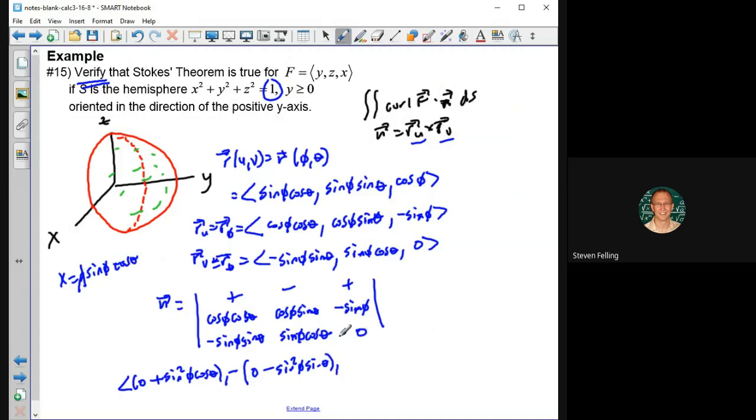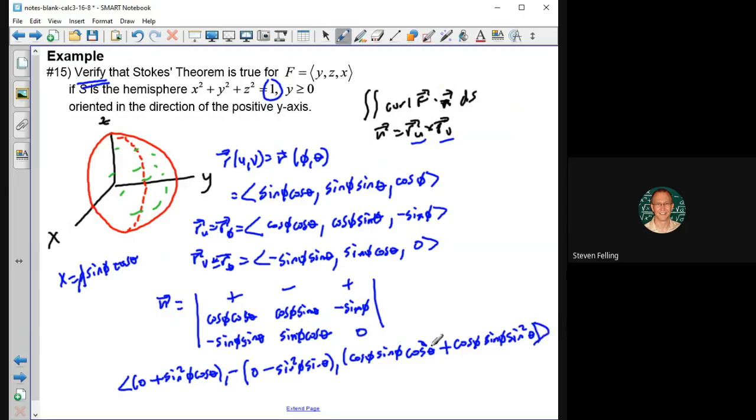Okay, and then over here we'd have this times this, so that's going to be cosine squared theta, but it's going to be cosine phi sine phi, and then cosine squared theta, minus this times this minus this times this, so minus minus is plus. That's going to be the same thing with a sine squared. So cosine phi sine phi, and then sine squared theta.